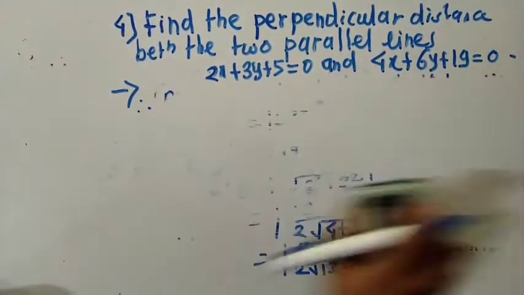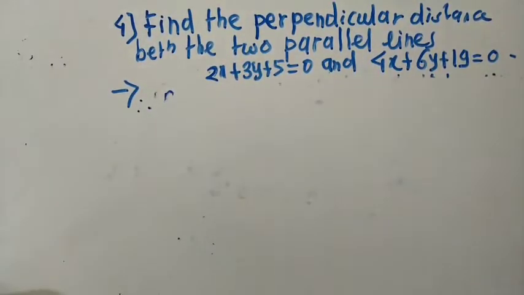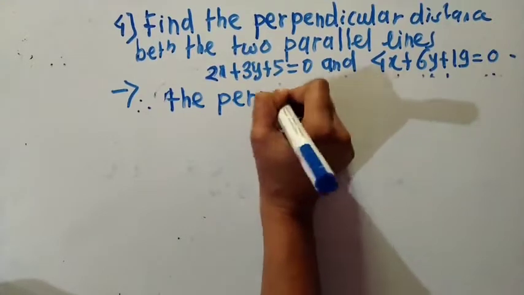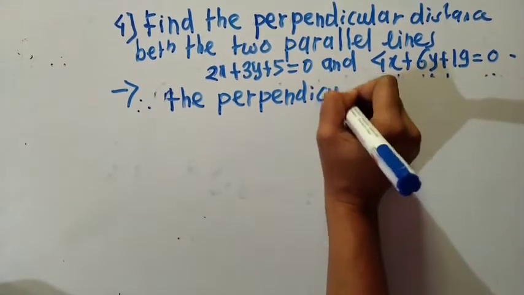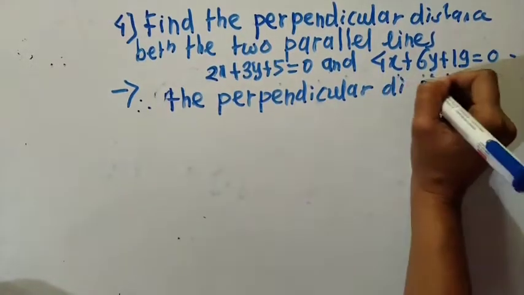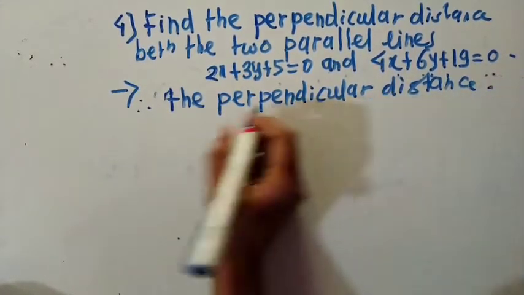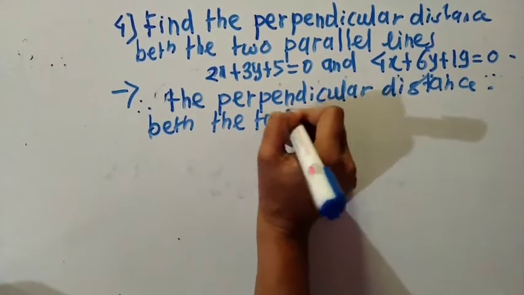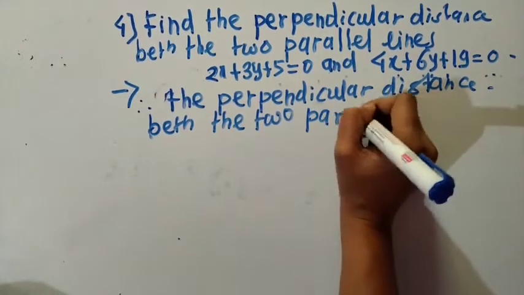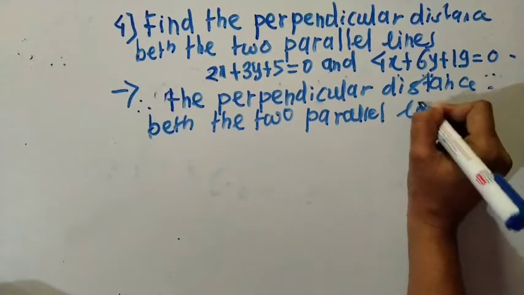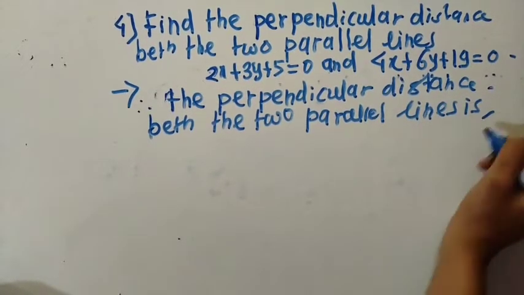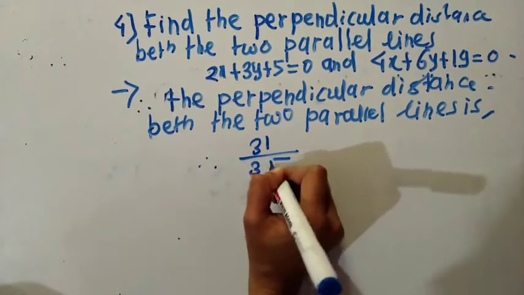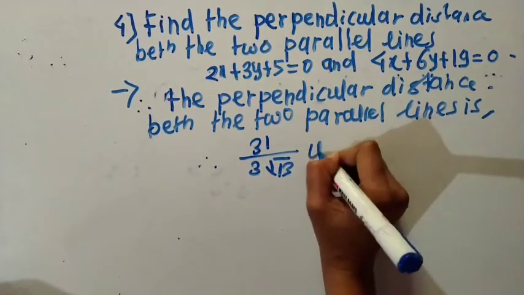Hence the perpendicular distance between the two parallel lines is 9 upon 2 root 13 units.